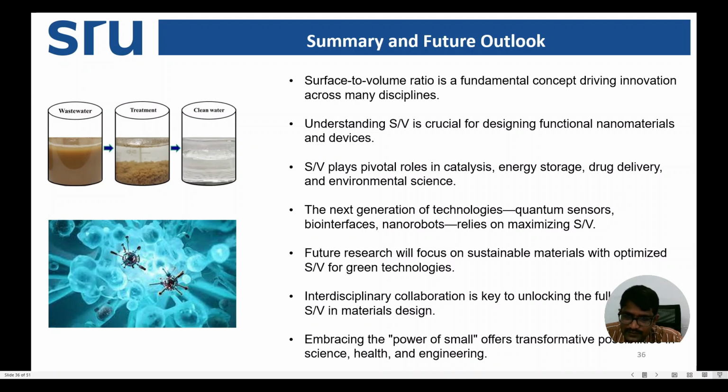So we need higher surface to volume ratio nanomaterials for different applications, whether it is quantum sensors, ultra sensitive sensors, biointerfaces, or nanorobots. Future research will focus on sustainable materials with optimized surface to volume ratio for green technologies.